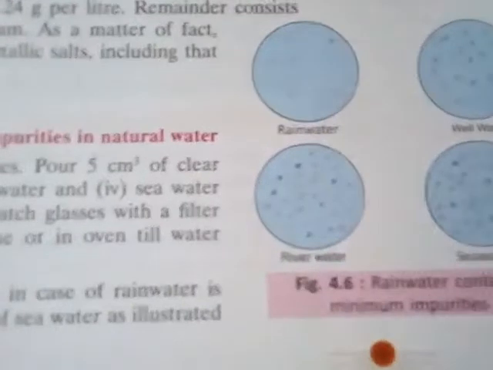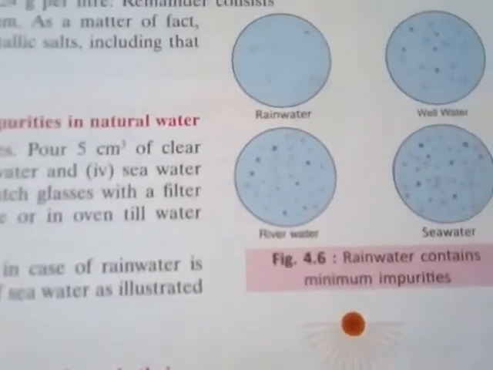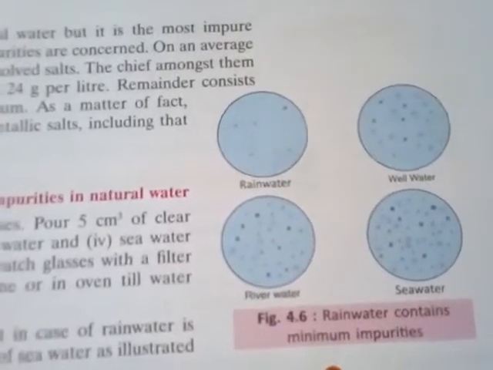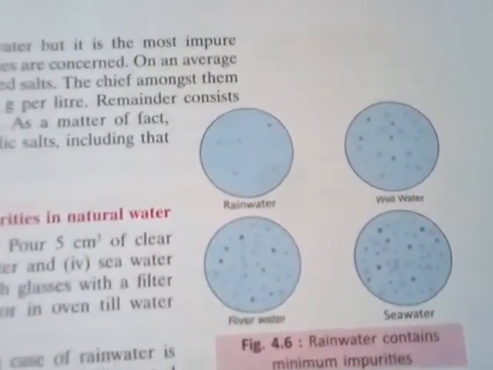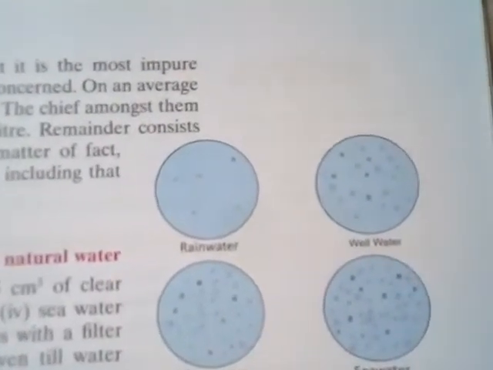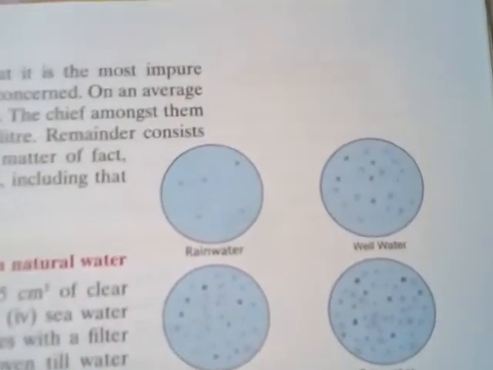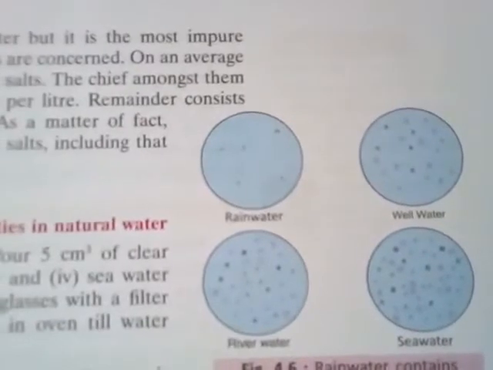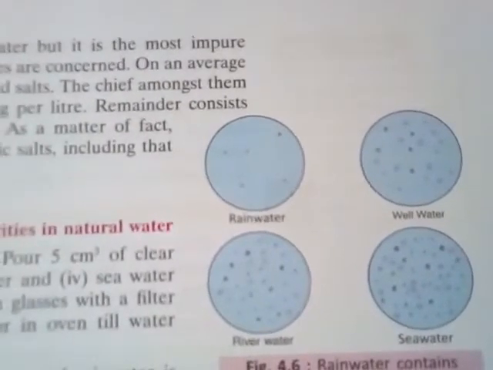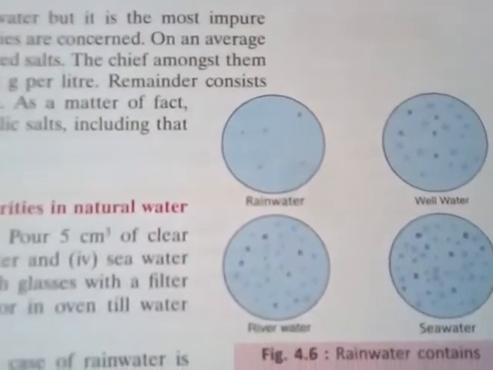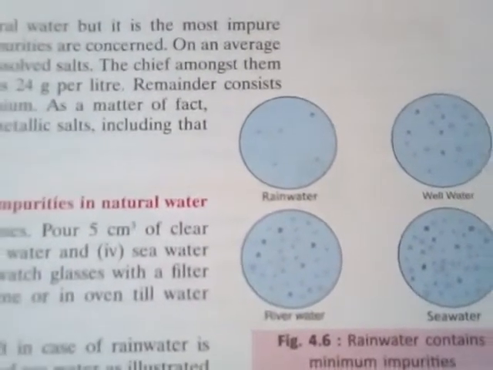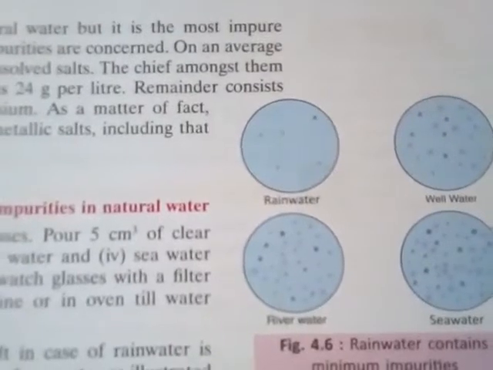But in case of river water, sea water and the well water, which are basically natural water, contain or show some spots over here. In case of rainwater, that is almost negligible, but it is maximum in the case of seawater.